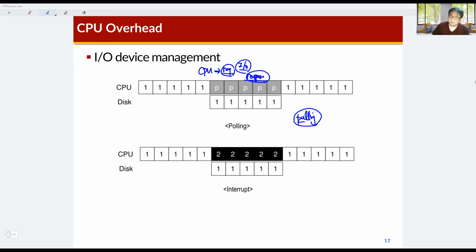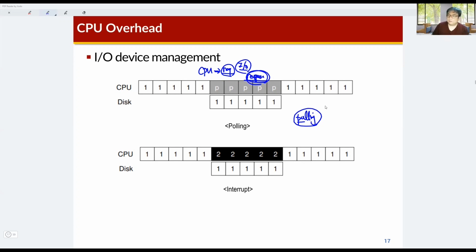The I/O device is very slow compared to the CPU, so the CPU needs to wait until the response comes from the I/O device.